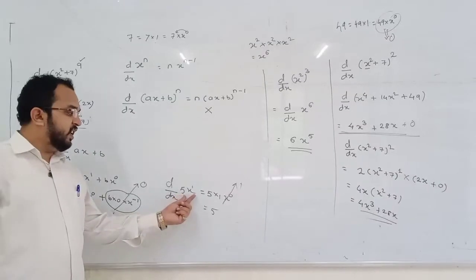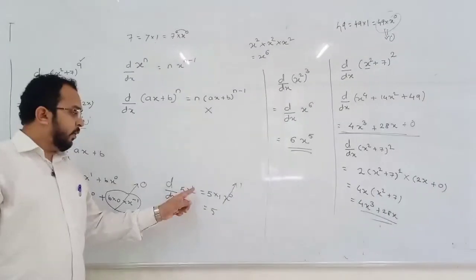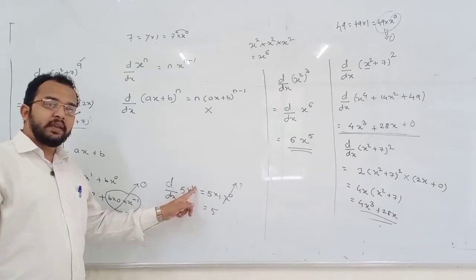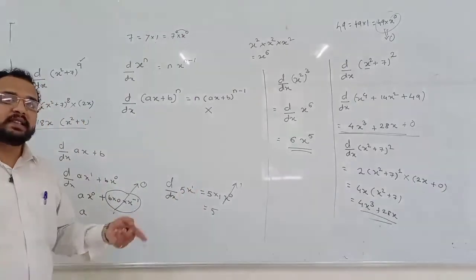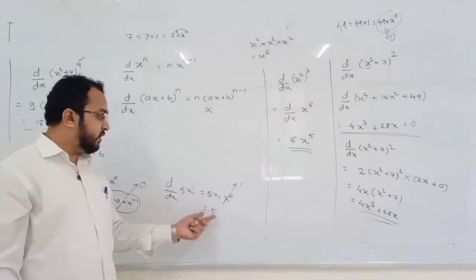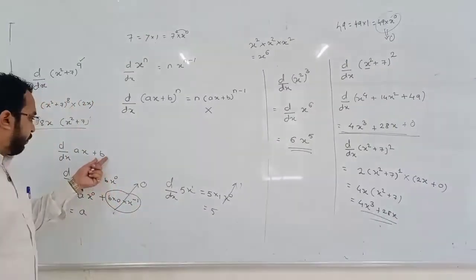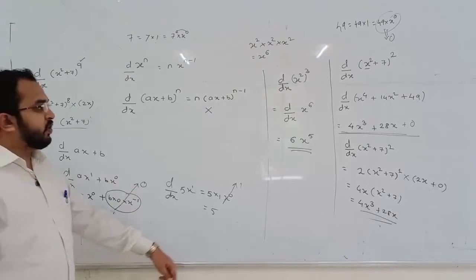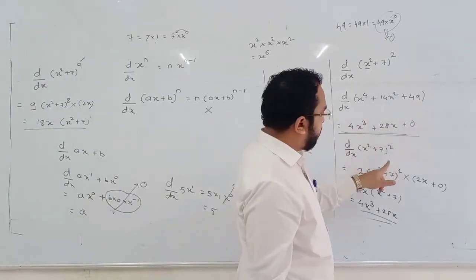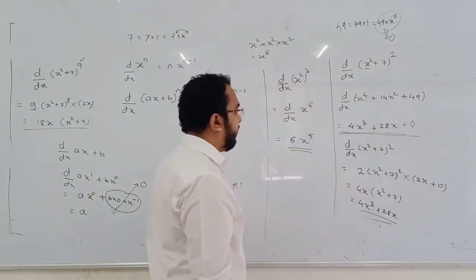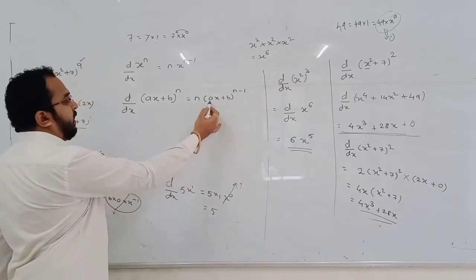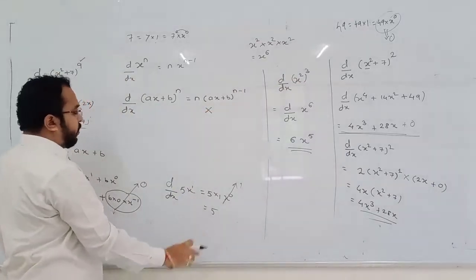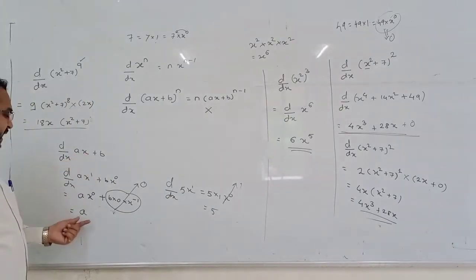So this is a linear function. Why linear? Because the power is 1. If the power is 2, it is quadratic. So the differentiation of quadratic is linear, the differentiation of linear is constant, and the differentiation of constant is 0. So here, what is the differentiation of ax plus b? Same as the differentiation of 5x is 5, the differentiation of ax is a.